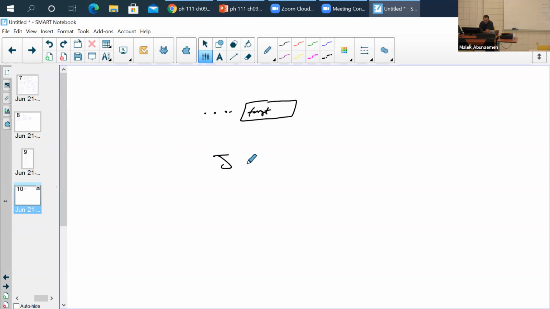Now, your momentum change is going to equal minus n delta p. Now, if you notice, we had a negative sign over here. This negative indicates that the impulse and your momentum have opposite directions.